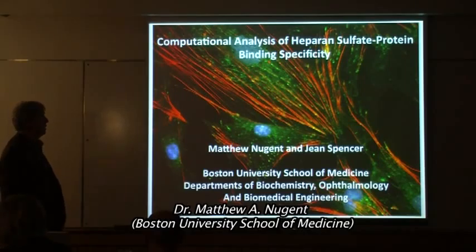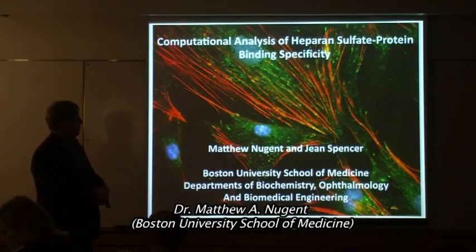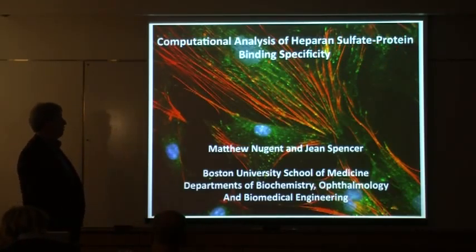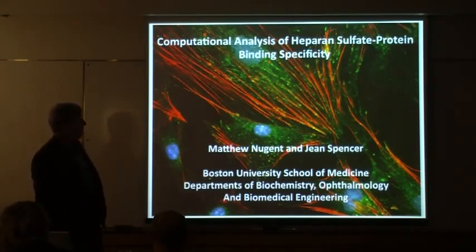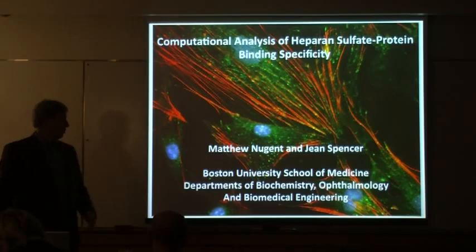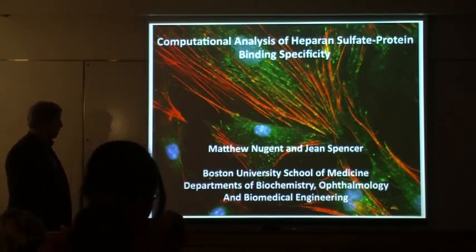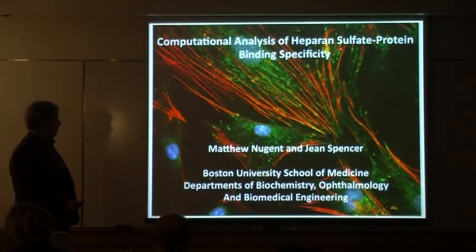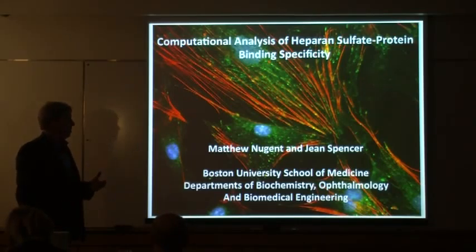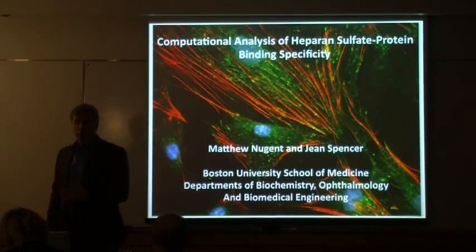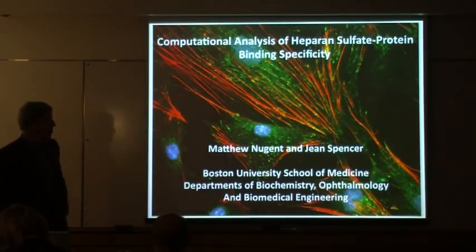So our lab's been really interested in, or fascinated by, these molecules, the heparan sulfate proteoglycans. Fascinated and occasionally frustrated, and, I'd say, always humbled by their amazing complexity, which I'll talk about for those less familiar with them. Because they are so complex and not template driven, they present some really unique challenges to analysis, especially for traditional biochemists, where we like to reduce our problems to very simple things.